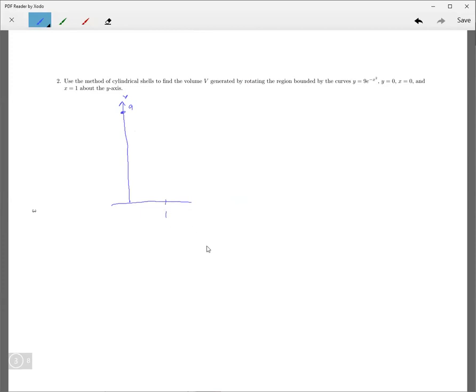So we can make a little chart here. x, and then 9 e to the negative x squared. When x is 0, this is 9. When x is 1, you have a 1 here, so it's 9 over e.